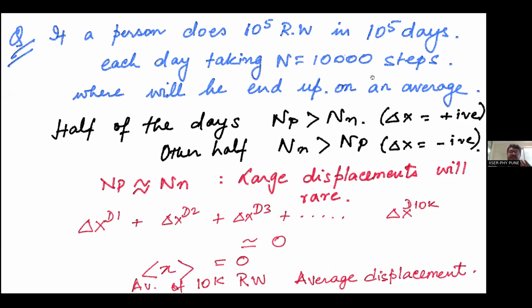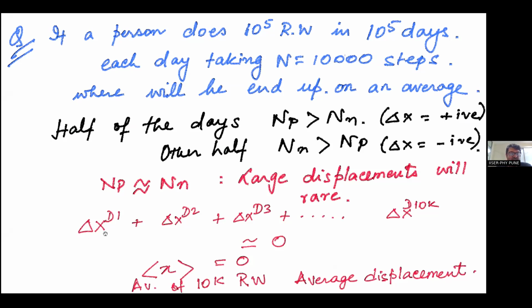And on an average, if you take 10 to the power 5 random walks, and you average the amount of displacement over 10 to the power 5 days, every day he is taking n steps, right? NP plus NN is equal to n. And every day you are calculating his net displacement after n steps. And now you are calculating the average displacement over 10 to the power 5 random walks. Each random walk has n steps. Then you can guess that some delta x will be positive.